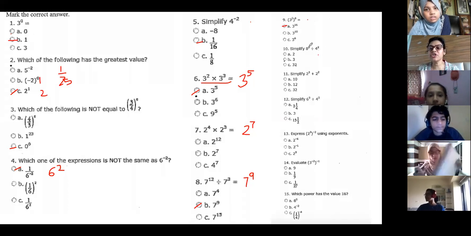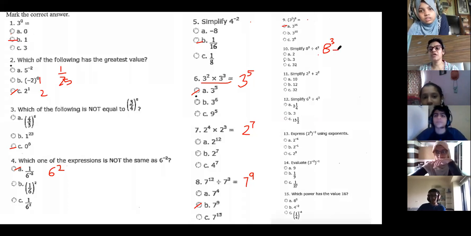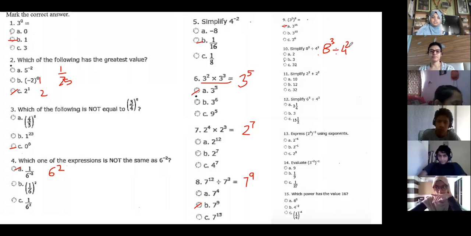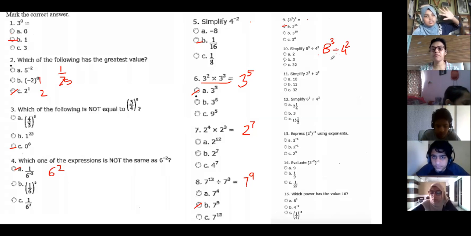Now, 8 cube divided by 4 square. I'm writing it over here: 8 raised to 3 divided by 4 square. How will you solve it? You have to use a law. Change the bases into the form of powers of 2.